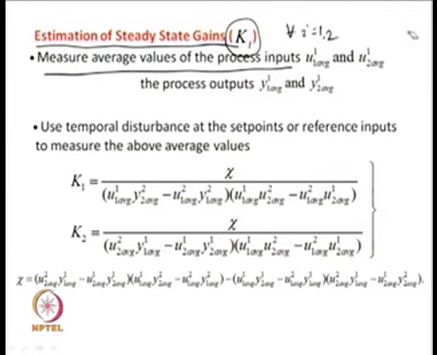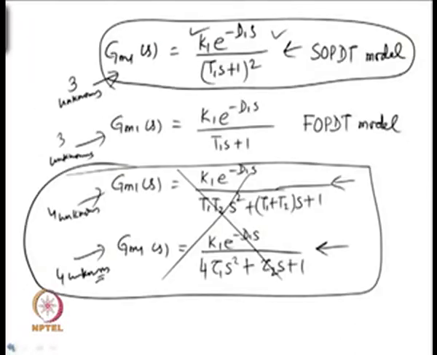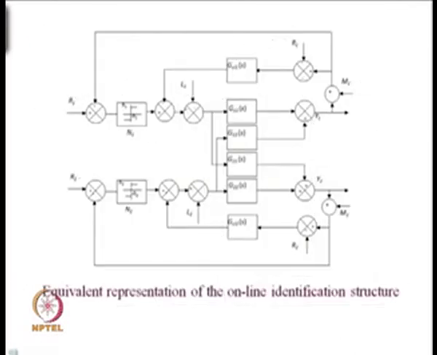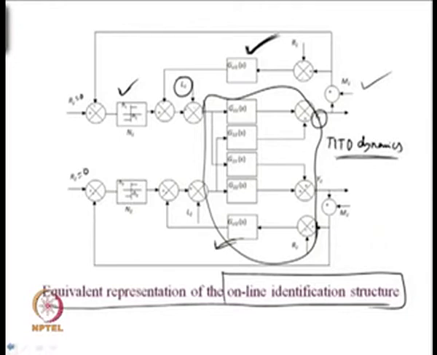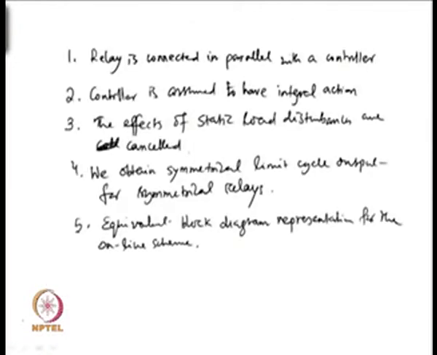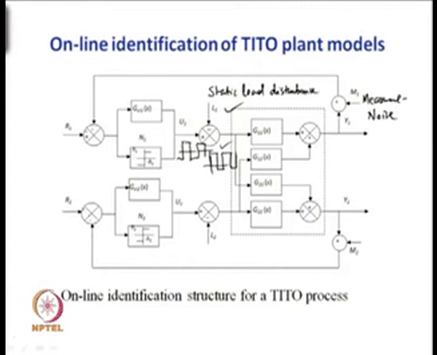Where are those U1 1, U2 1? You see what the process inputs and outputs are. If you go back to the model, we have input U1 and output Y1. Similarly, input U2 and Y2, the second output.